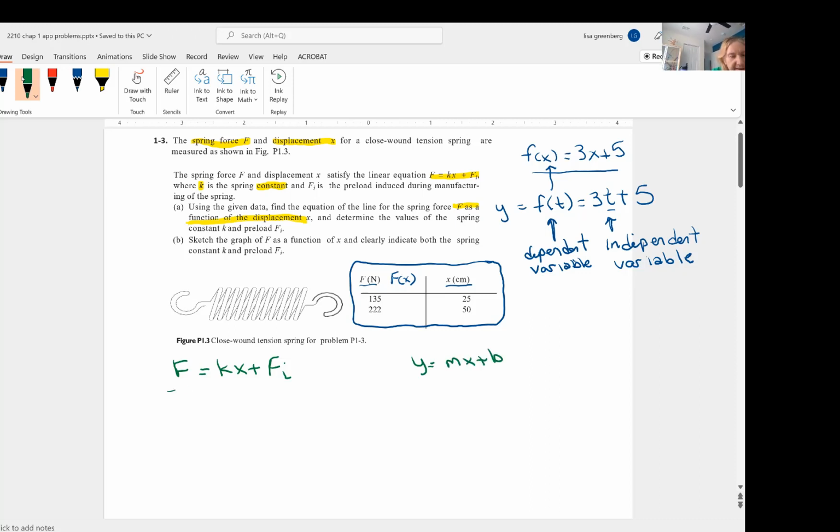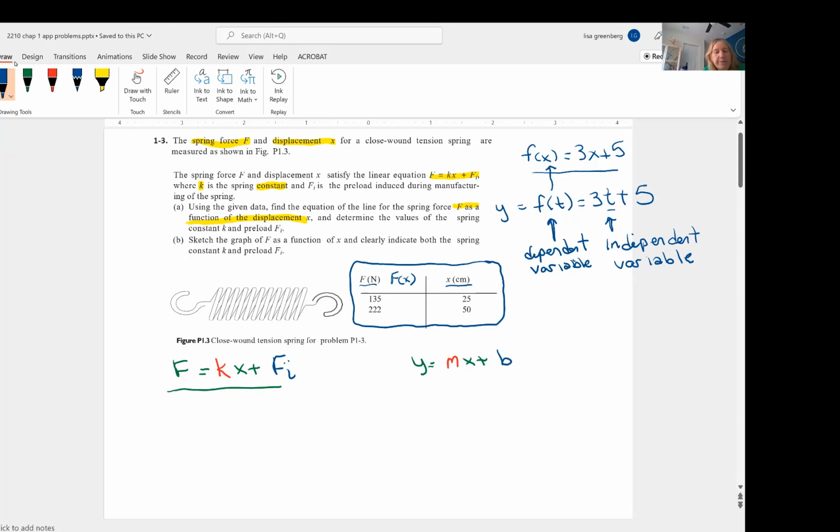And here we have f equals kx plus f sub I. So hopefully you can see that these are similar and that my function, my y value, which is the same as my f, my k is the same as my slope, right? It goes in front of the x value. Let's do this. K is the same as m, and f sub I is the same as my b.